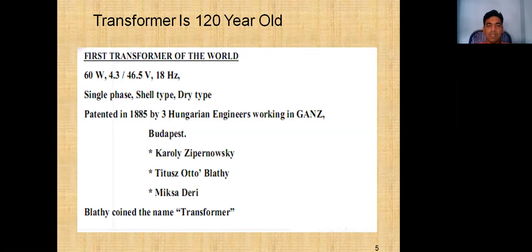These three engineers' names combined gave the name implying the transformer.